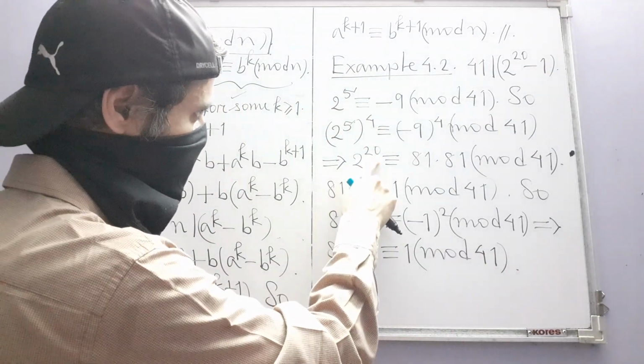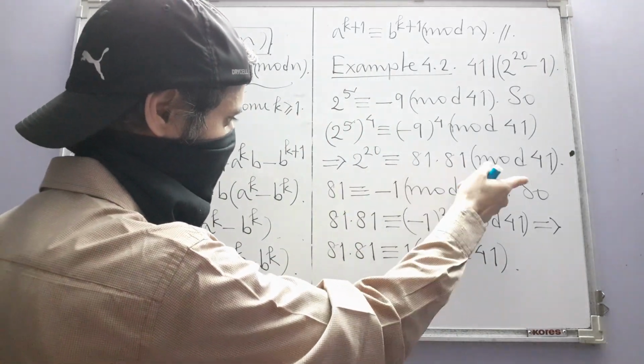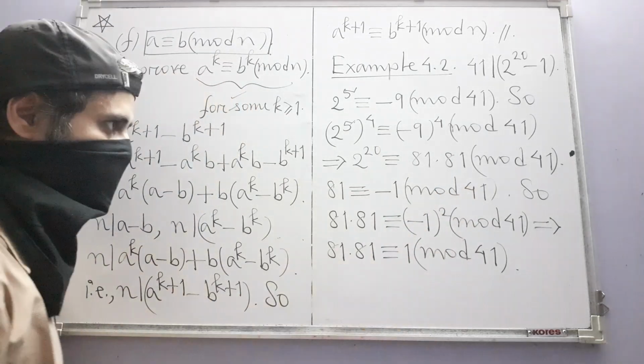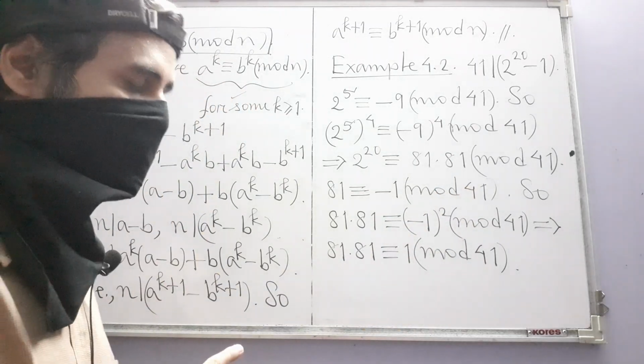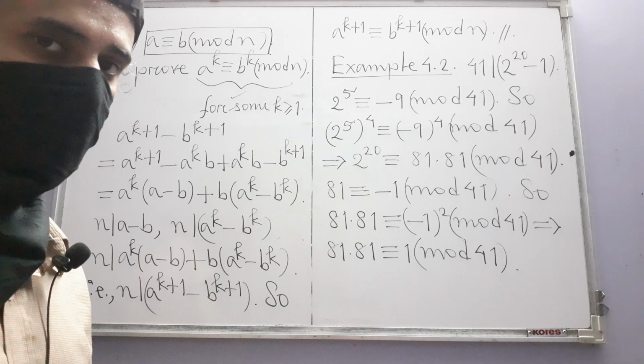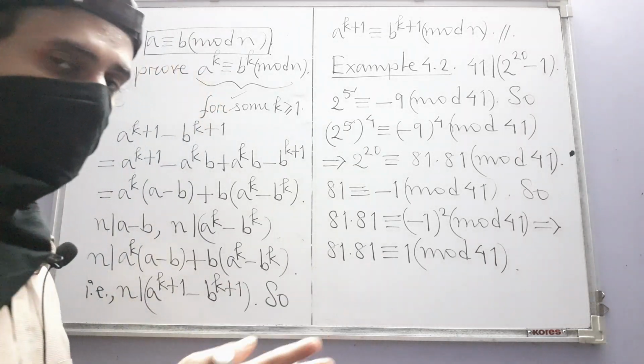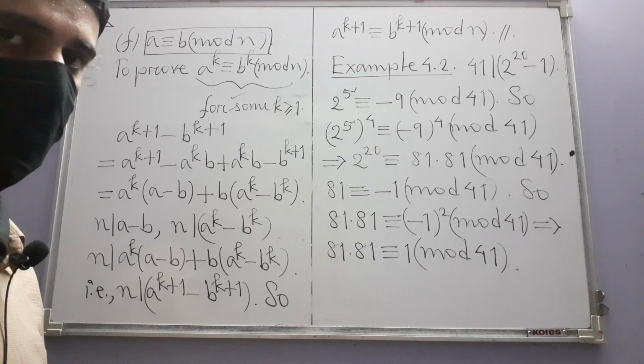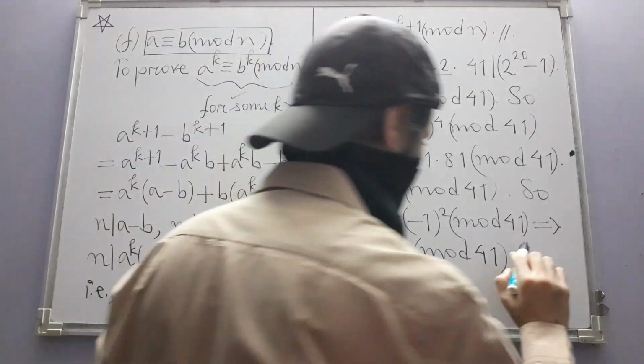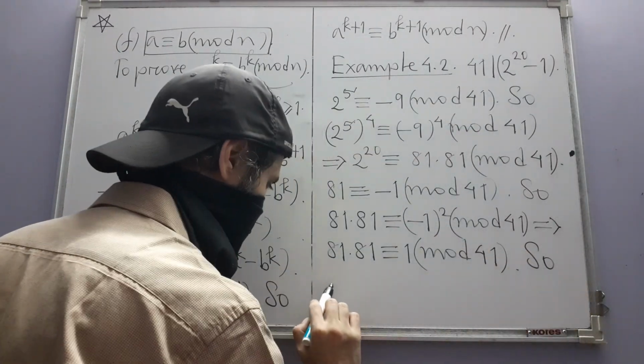Now 2 to the power 20 is congruent to this mod 41, and this is congruent to 1 mod 41. So applying part C of the just proved result, namely that congruence modulo n is transitive, we get this.